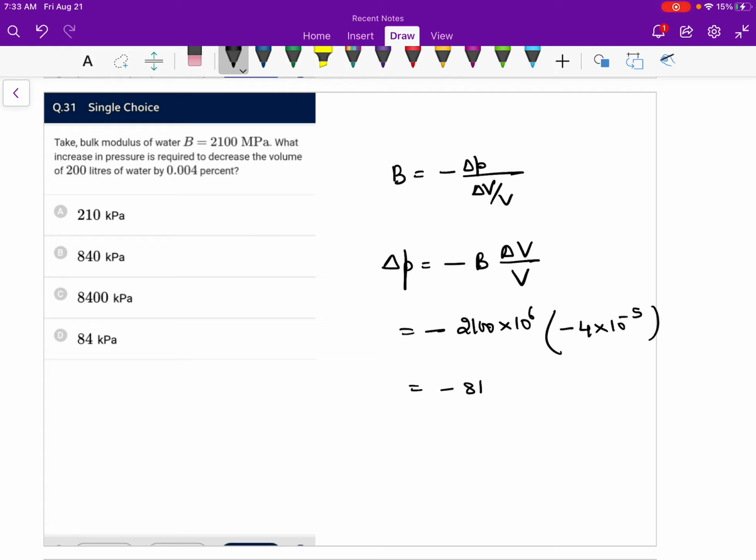Okay, so 21 4s are 84, and 10 to the power 6 into 10 to the power minus 5, so 84 kilopascal. So D is the correct option.